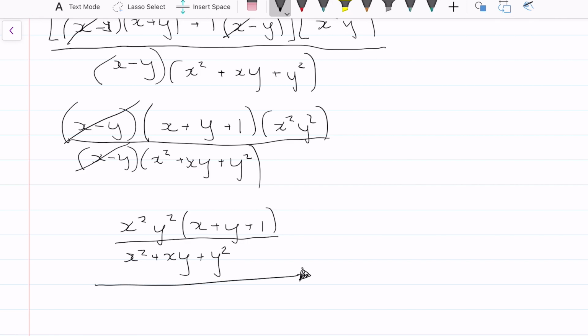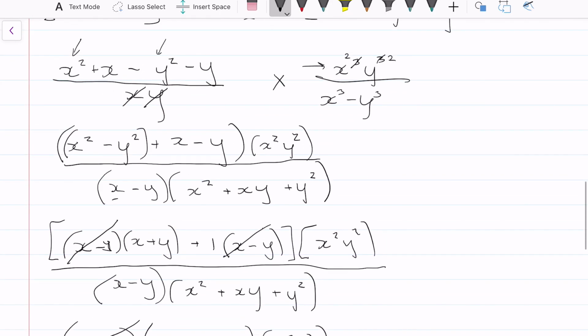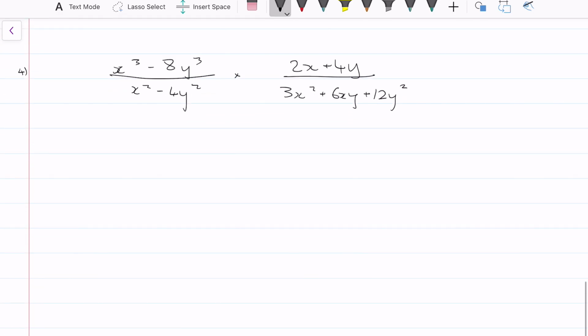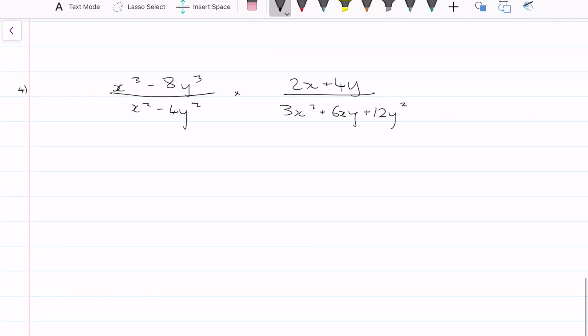So that is a bit of a nasty one, but if you just go through it step by step, it's manageable. Okay, looking at this last question, again we have a cubed, so let's start by factorizing that. So we have x minus 2y, x squared. I know I'm going to need a positive 4y squared.